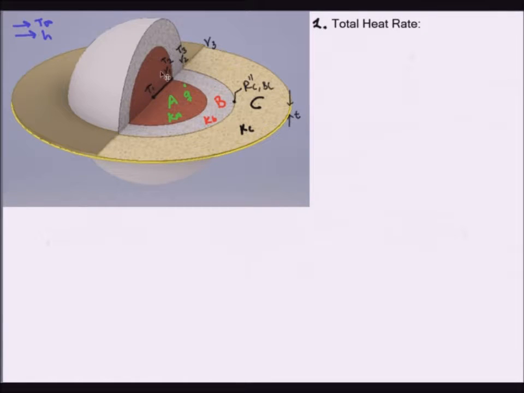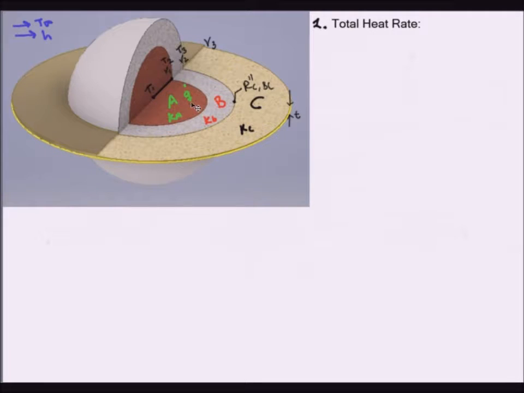So that means that our direction for heat transfer will be the radial direction. And then for the fin, we also assume that the fin was thin enough so that there won't be any temperature gradients in the vertical direction. That means that heat is flowing only in the radial direction. Now the next question is, is it flowing from the center outwards or from the outside to the center?